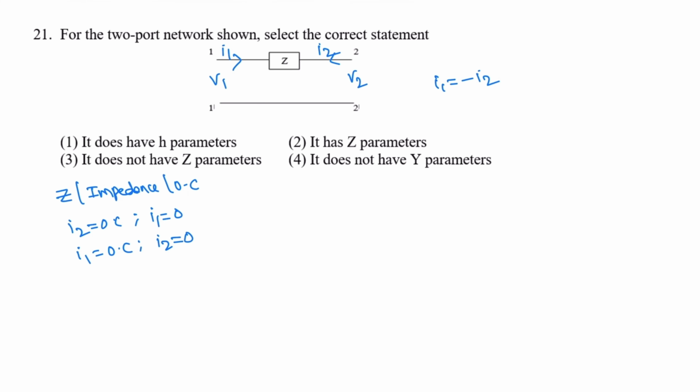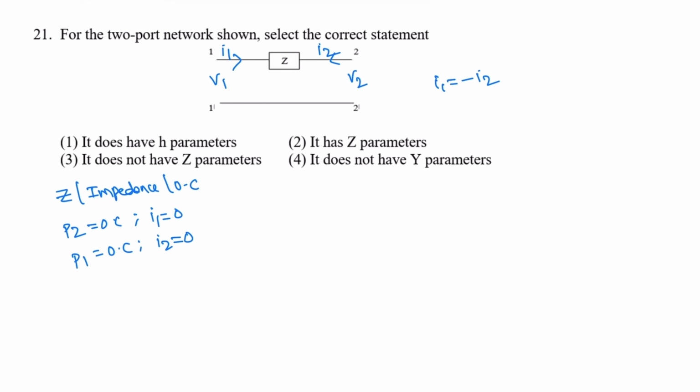So when port 2 is open circuited, current in port 1 is 0. When port 1 is open circuited, current in the second port is 0. Hence, these Z parameters are not defined for this network.